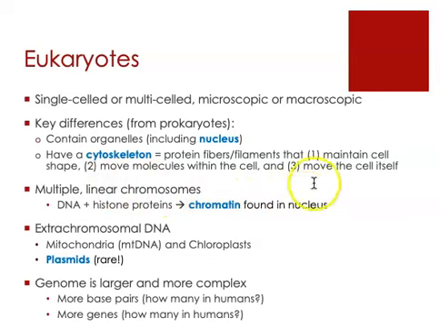The last role that the cytoskeleton plays in the eukaryotic cell is physically moving the cell within its environment. We've talked about the kinds of structures that you see on the outside of bacterial cells and archaeal cells, things like the fimbria and the pili and flagella.